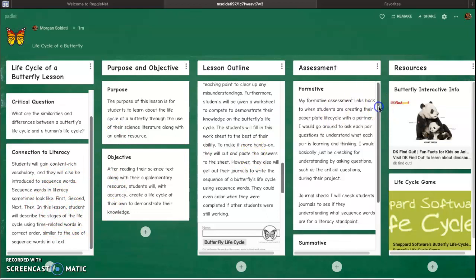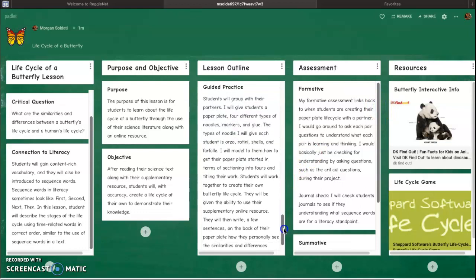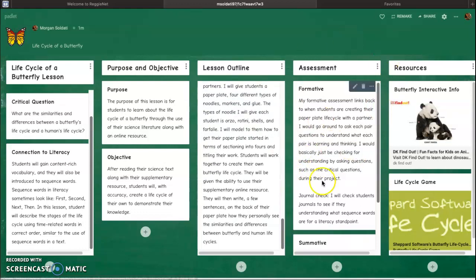And my formative assessment, you guys already heard, it is the paper plate life cycle, and it's with a partner. So basically, I would just go around and ask each pair questions like, how did you know to put the chrysalis here? Why is this in this section? And stuff like that. I would basically be checking for understanding by asking questions.